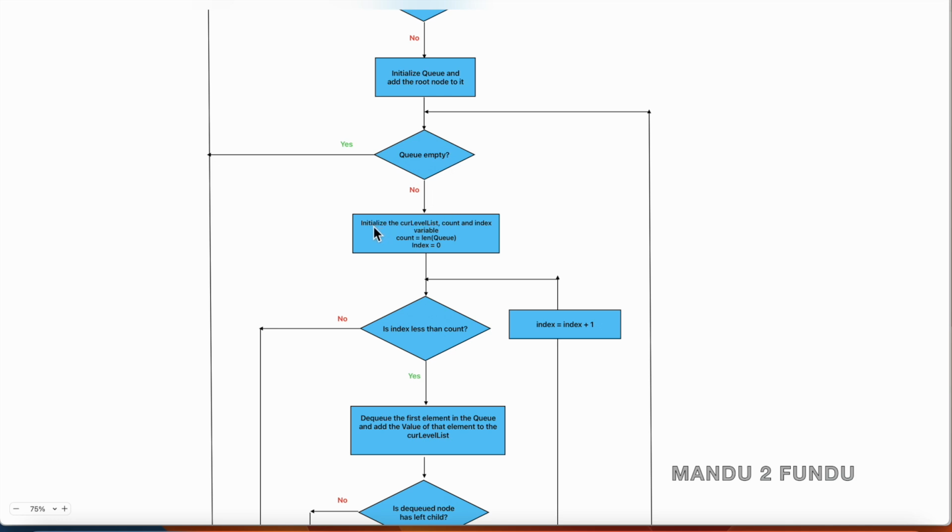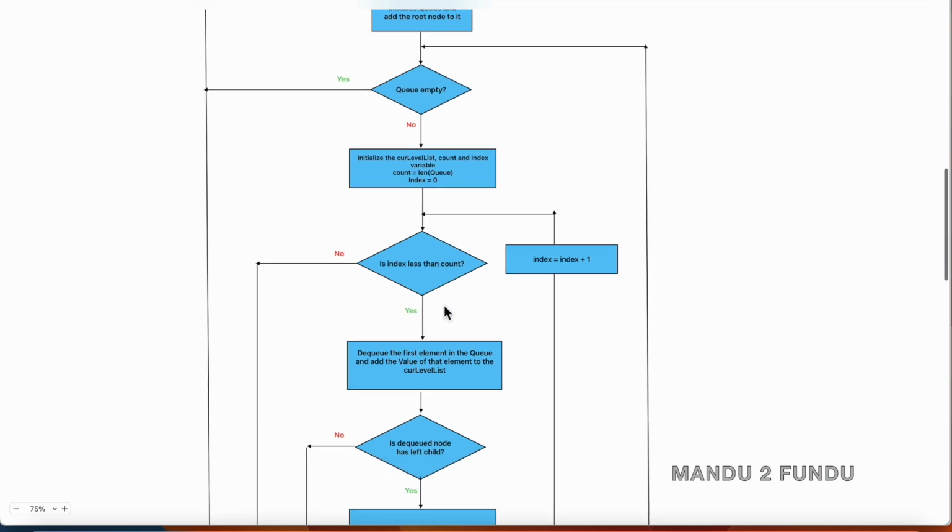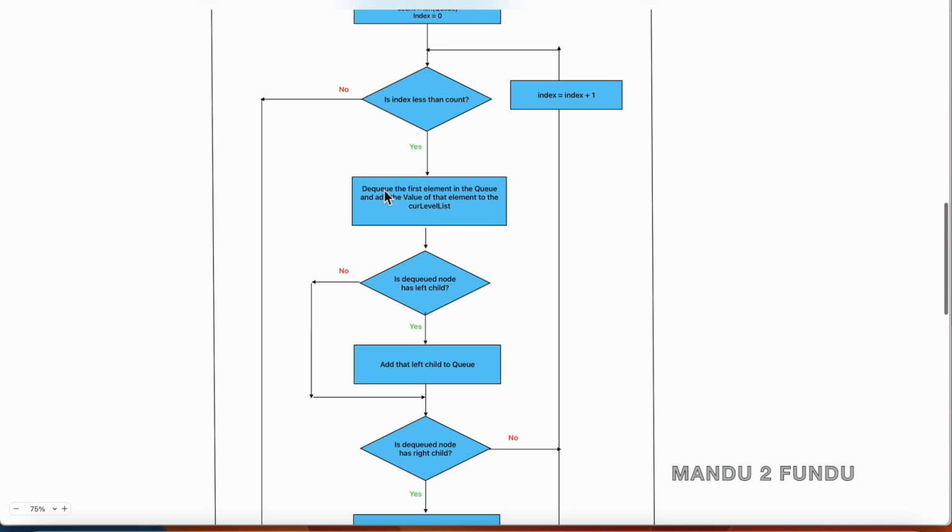Otherwise, we prepare the data structures for processing the current level elements. So basically we initialize the current level list, count, index, all these things, and then we enter the inner loop. This will process the count number of nodes in the queue. First it will dequeue the first element and add the value of that element to the cur level list.